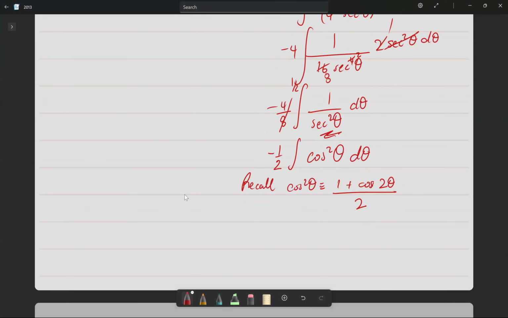That's recalling a new identity. So this now can be written as a half integral of 1 plus cosine 2 theta all upon 2 d theta.